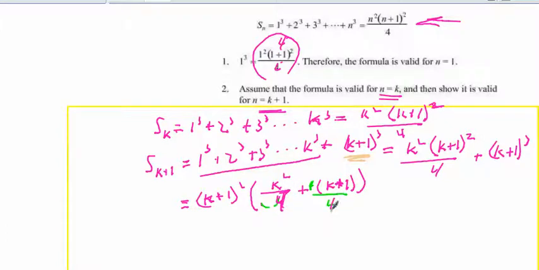And here I needed my common denominator of 4, top and bottom. So all I can really factor out is a 1/4. So now I have (k plus 1) squared, and I can take a 1/4 out. And I'm left inside here with k squared plus 4 times (k plus 1).